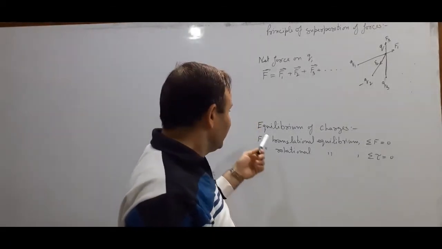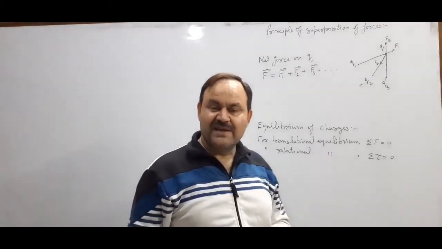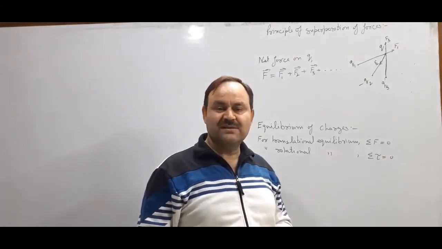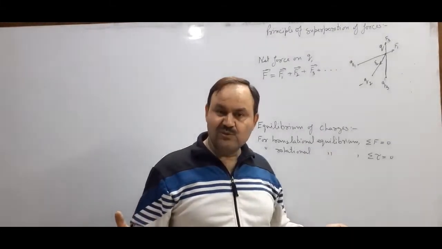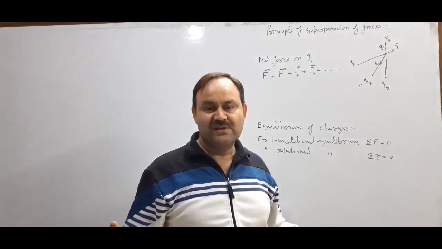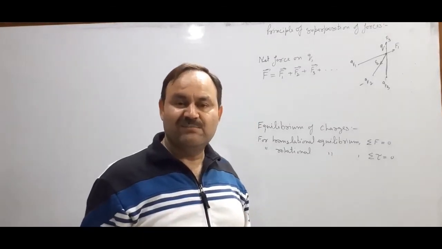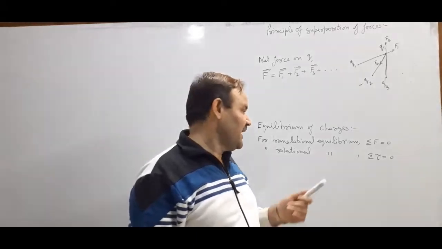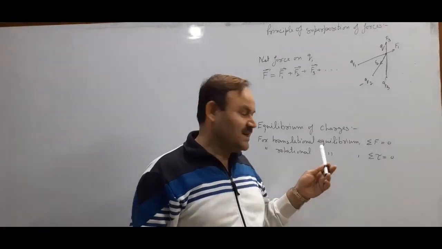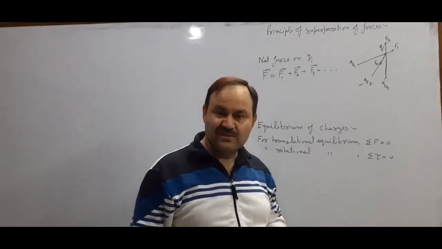Now, equilibrium of charges. Equilibrium means there is no change in state of the body even when a number of forces are applied on it. And equilibrium can be translational as well as rotational.